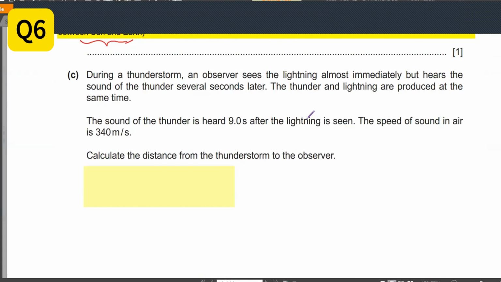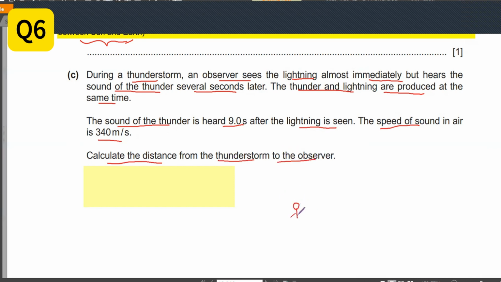Next question. During a thunderstorm, an observer sees the lightning almost immediately, but hears the sound of the thunder several seconds later. The thunder and lightning are produced at the same time. The sound of the thunder is heard 9 seconds after the lightning is seen. The speed of sound in air is 340 meters per second. Calculate the distance from the thunderstorm to the observer.